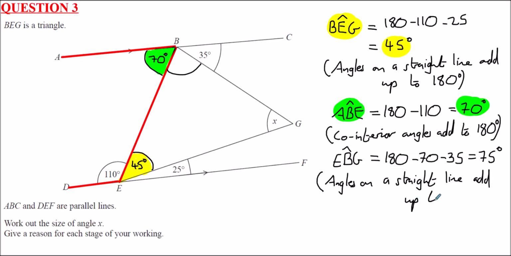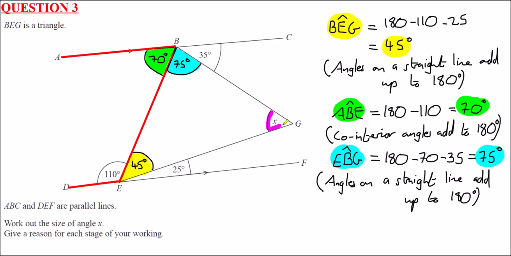And one more step and we're done. So again, I'm just going to put down here that that's 75 degrees. Now finally, we can work out X, because X, 75 degrees and 45 degrees are three angles inside the same triangle.